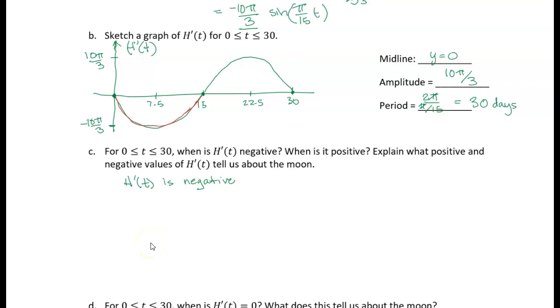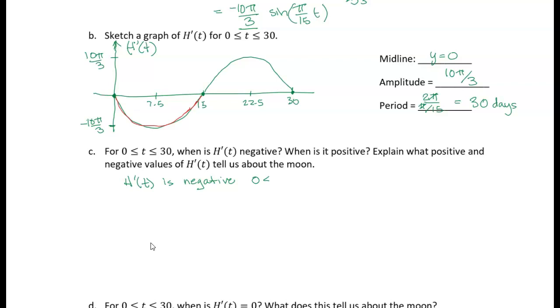Okay, so the derivative is negative between 0 and 15. I shouldn't put less than or equal to, because essentially at 0, it's neither negative nor positive. So I'm actually going to just erase that, because it doesn't include 0.